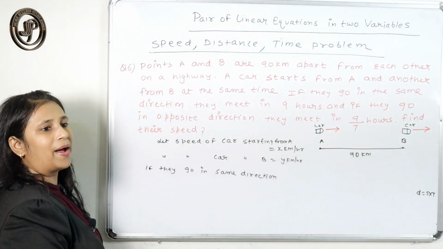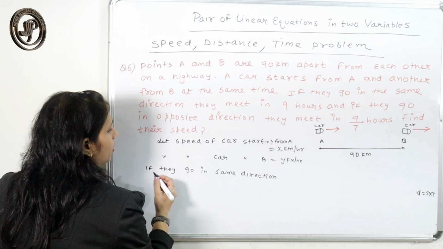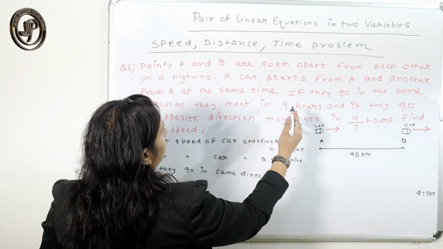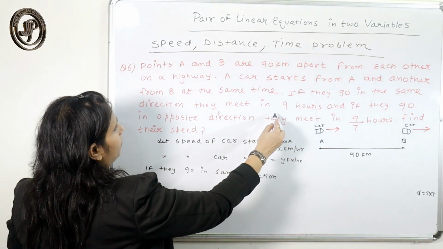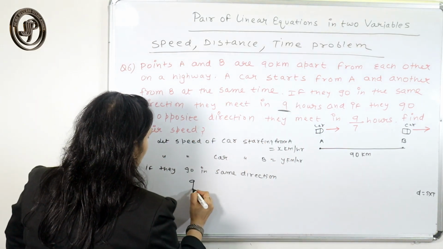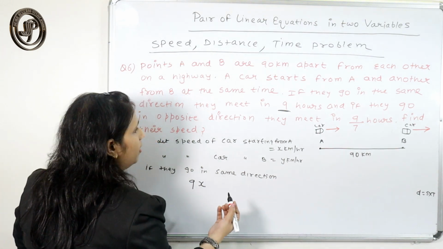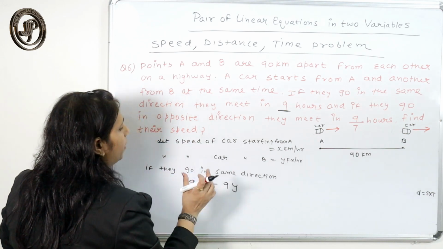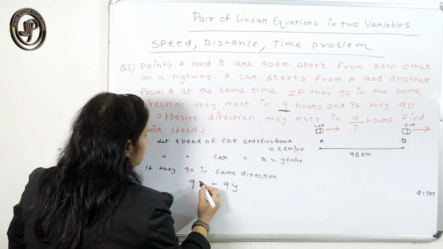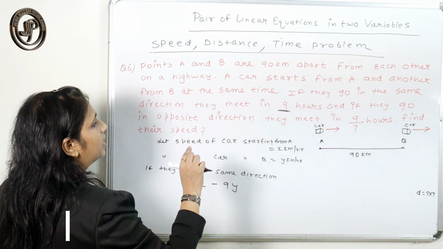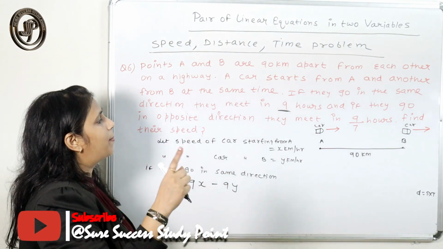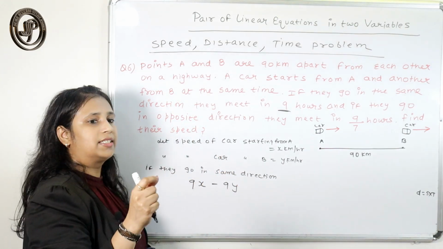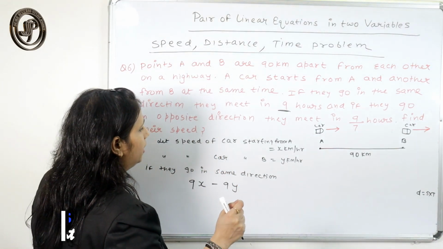The distance covered by car A, when they meet in 9 hours, is 9x, and the distance covered by car B in 9 hours is 9y.